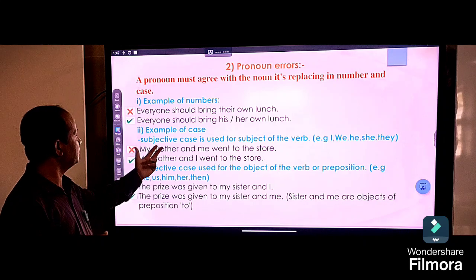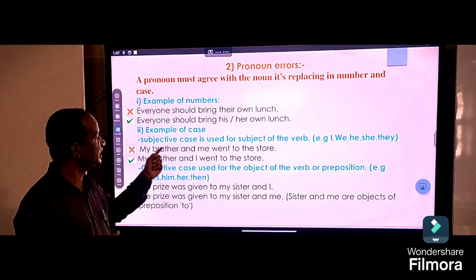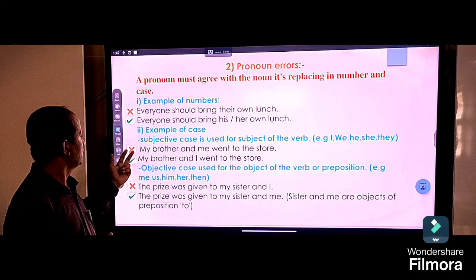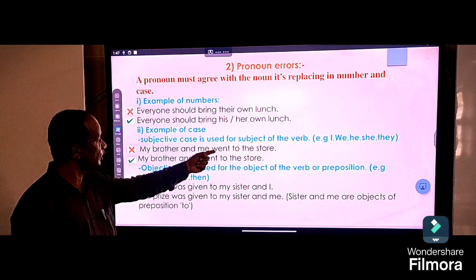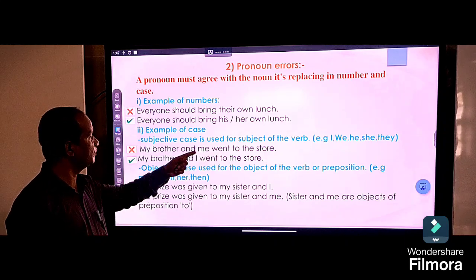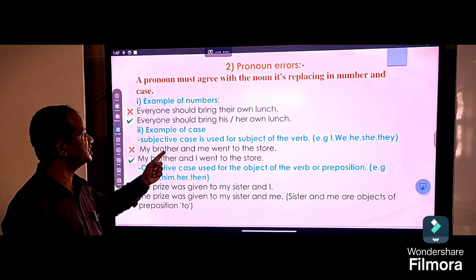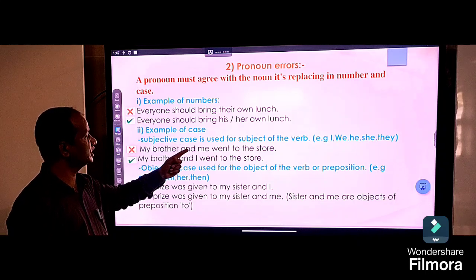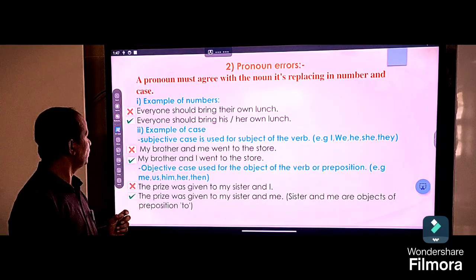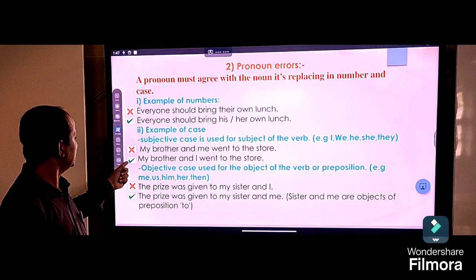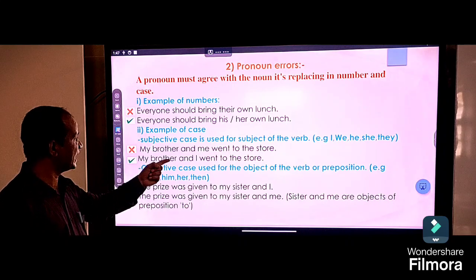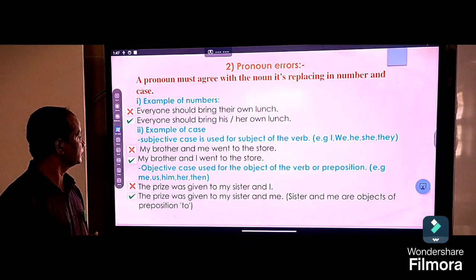Here, in my brother and me, there is an error in the case, that is me. My brother and me are the subject of the verb went, and our rule says that we have to use the subjective case when we are using it as a subject of the verb. So the correct statement will be my brother and I went to the store.